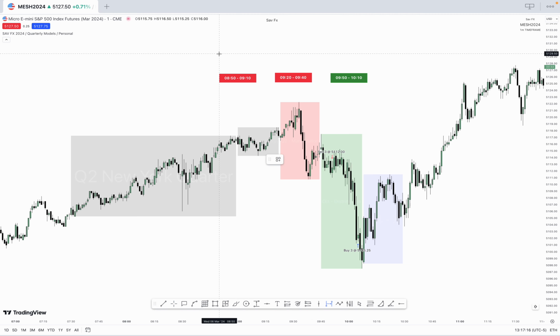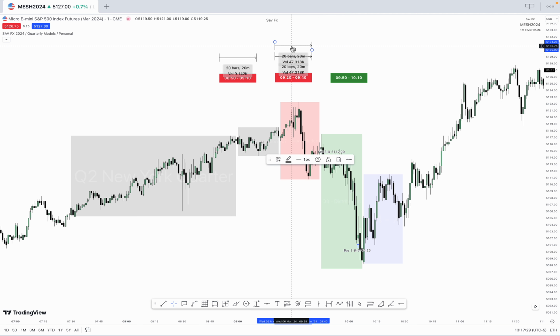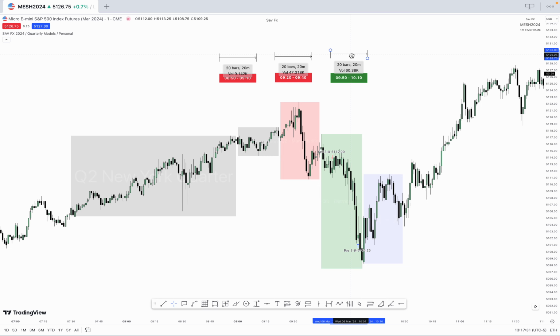In total, the bars should make 80. But when you add it like this, 20 plus 20 plus 20, 60 minutes, 60-minute cycles.